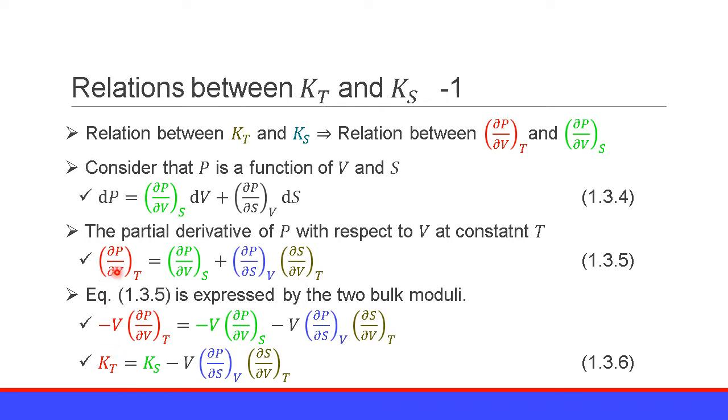By multiplying all terms by minus V, the left side of equation 1.3.5 becomes minus V times the partial derivative of the pressure P with respect to the volume V at constant temperature T, which is equal to minus V times the partial derivative of pressure P with respect to the volume V at constant entropy S, minus V times the partial derivative of the pressure P with respect to the entropy S at constant volume V times the partial derivative of entropy S with respect to the volume V at constant temperature T.